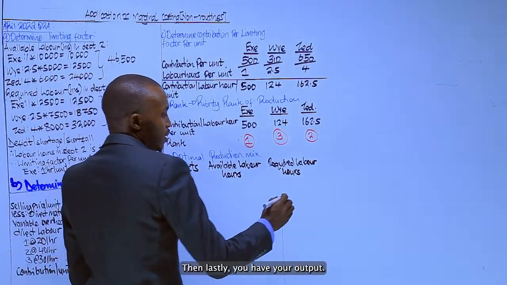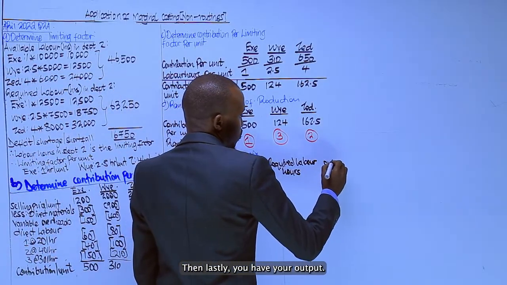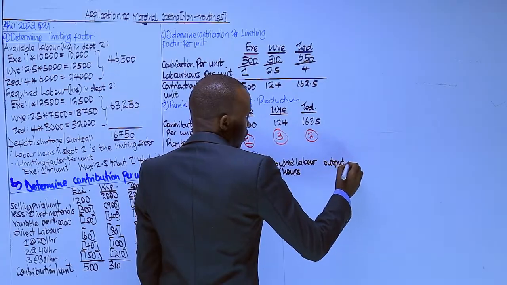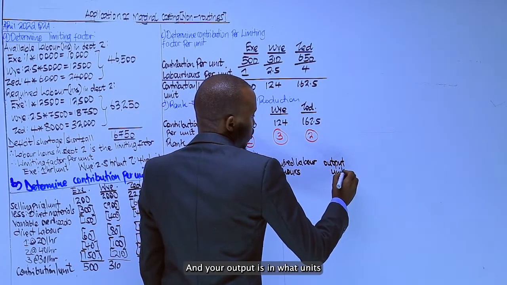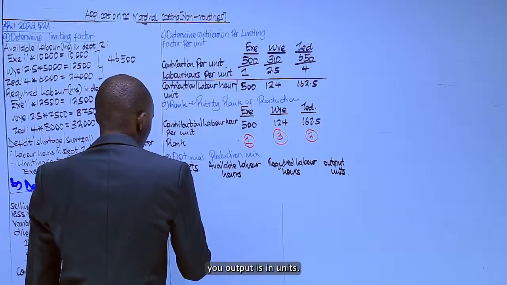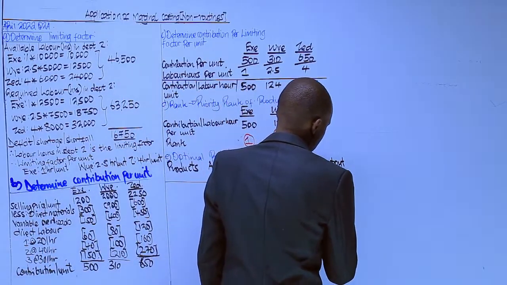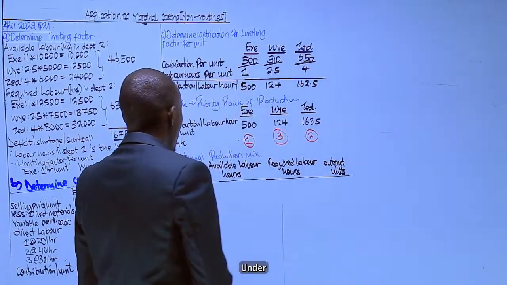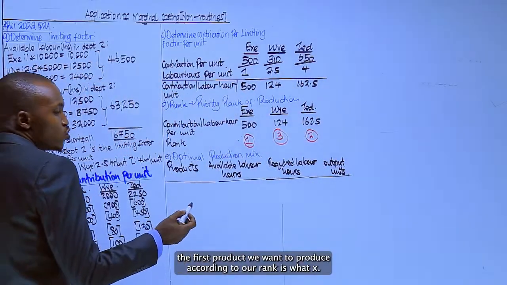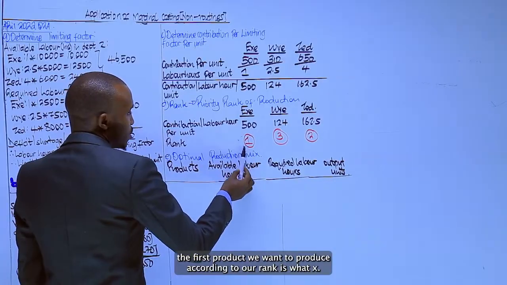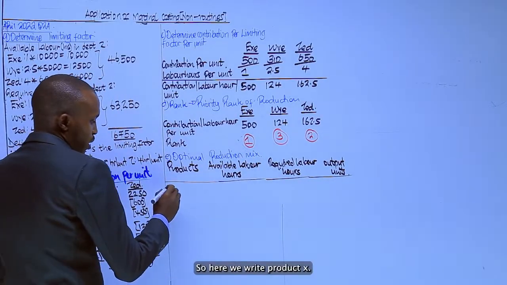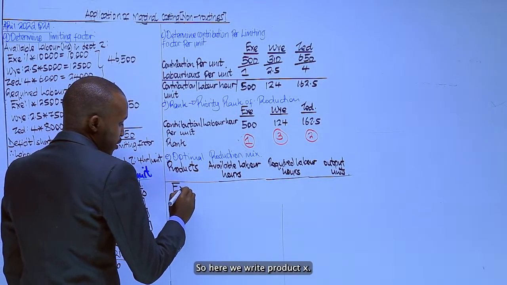Then lastly, you have your output, and your output is in units. The first product we want to produce according to our rank is X. So here we write product X.